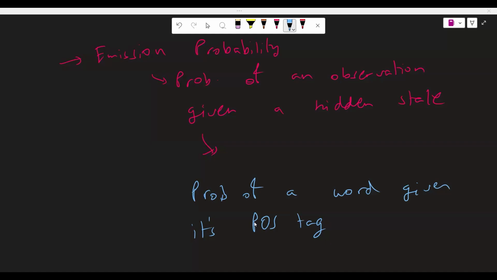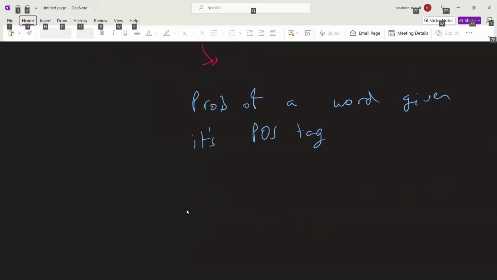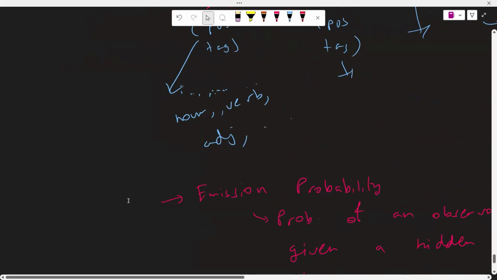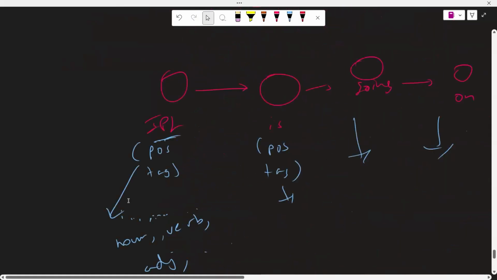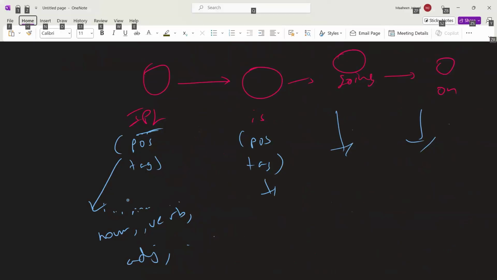Okay. So over here, what we are finding out is the probability of a word given its POS tag. What is the probability that, hey, if you know the POS tag for a particular word, for example, let's say you are having, okay, let me write it over here.